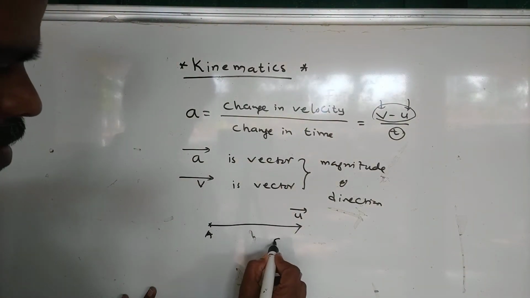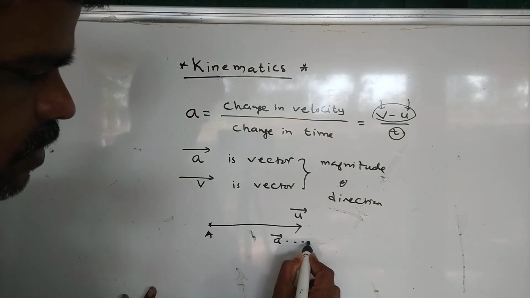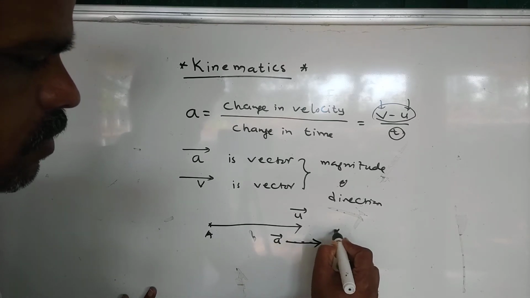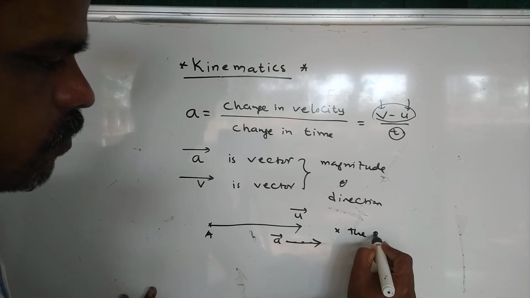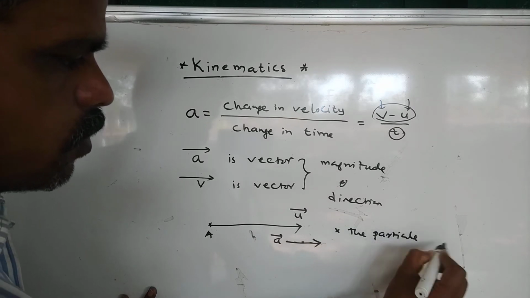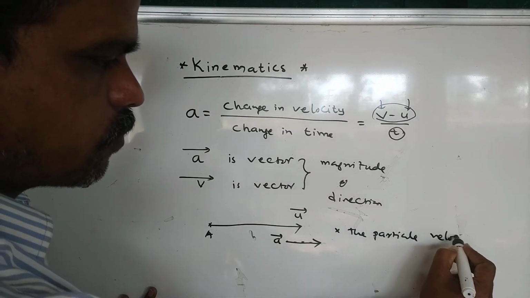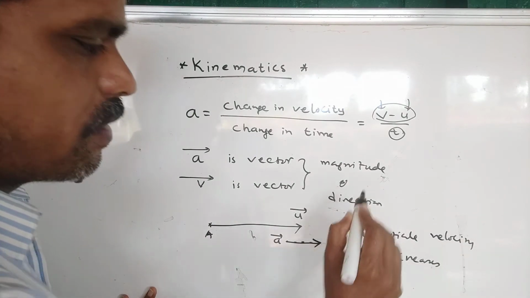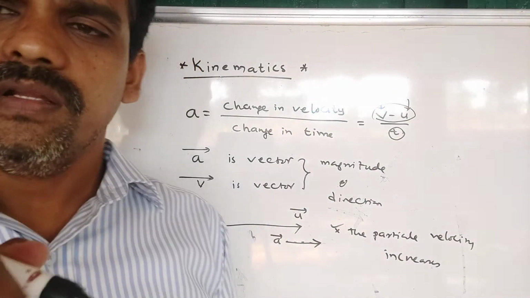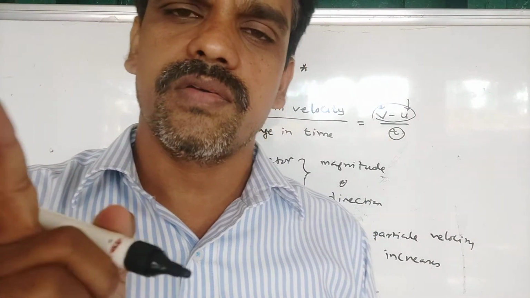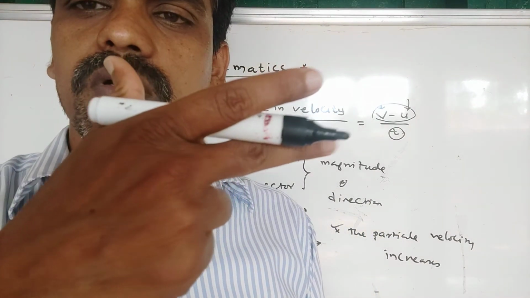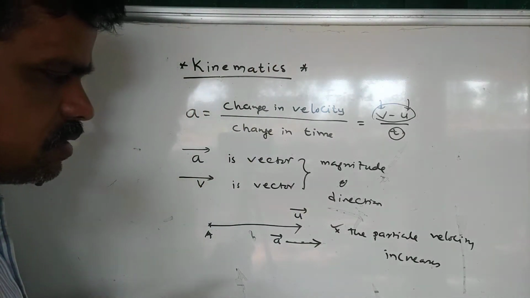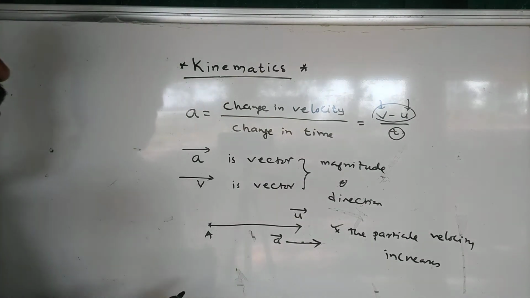If acceleration is also in the same direction, then the particle velocity increases. The particle velocity increases when the velocity direction and acceleration are both in the same direction.